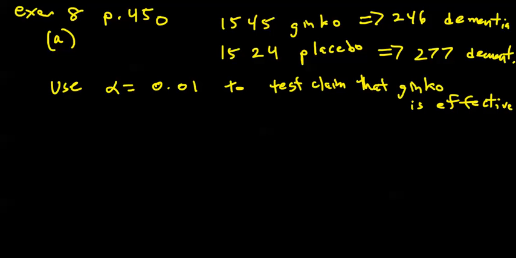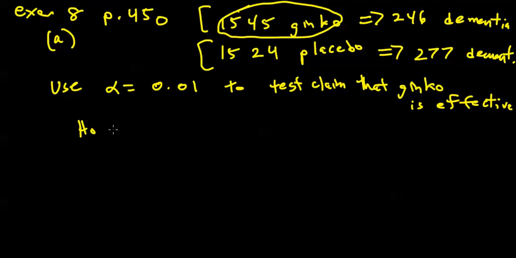Well, if ginkgo is effective, then the dementia rate for population 1 would be less than the dementia rate for population 2, right? Alright, so let me write that down. If I let the treatment group be population 1, I'm going to say the null hypothesis is then that P1 equals P2, and the competing alternative claim, well, if ginkgo is successful, then the dementia rate would be less for the treatment group.